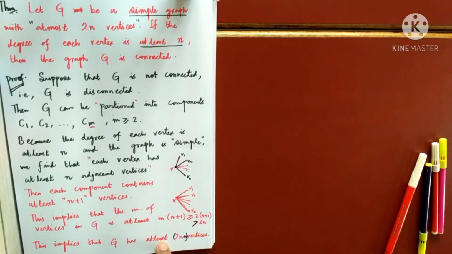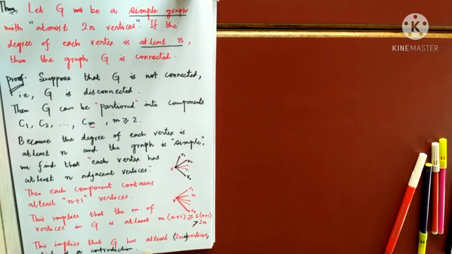So this implies that G has at least 2n plus 1 vertices, which is a contradiction to the hypothesis. Because my hypothesis was that G has at most 2n vertices, and here I am getting more than 2n vertices. So which is a contradiction.